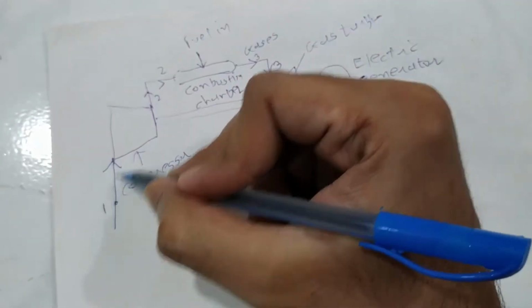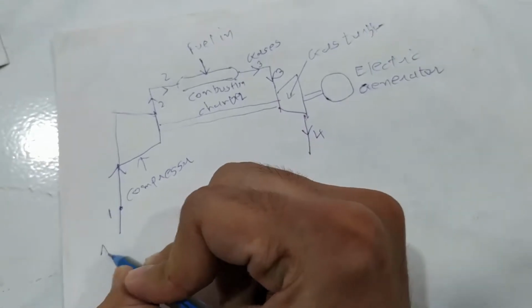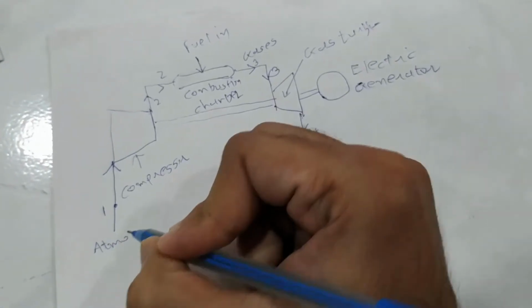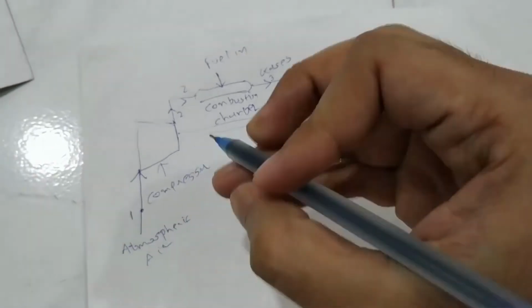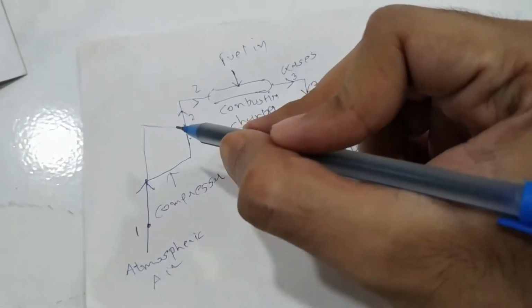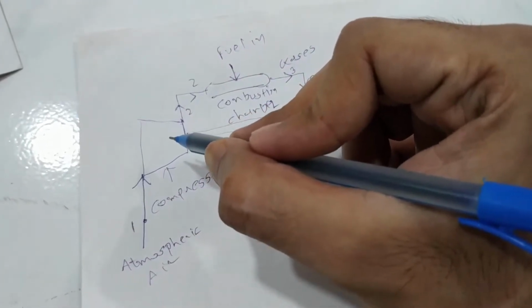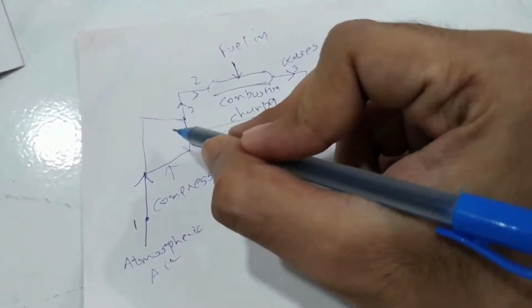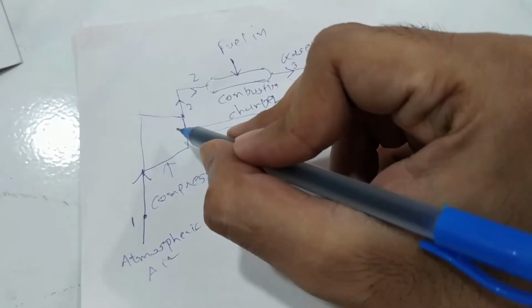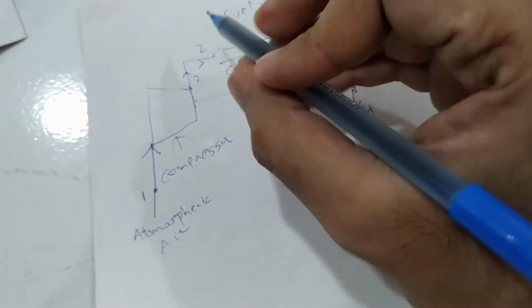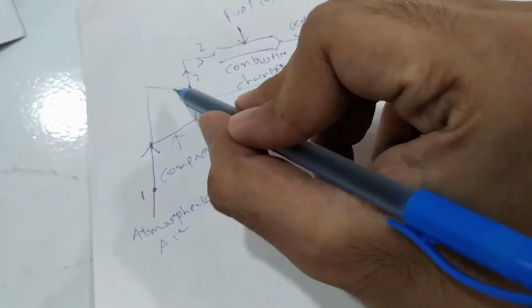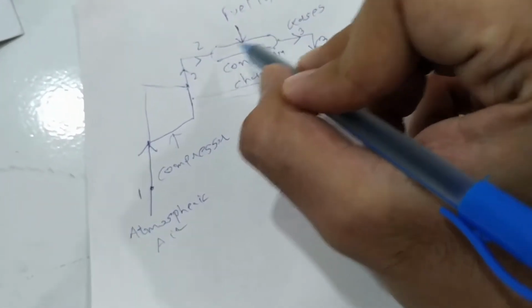So in process 1, first atmospheric air enters the compressor and gets compressed, and because of that its volume decreases and pressure increases, and then it enters the combustion chamber.